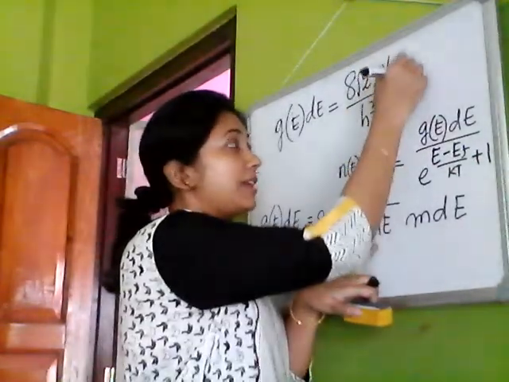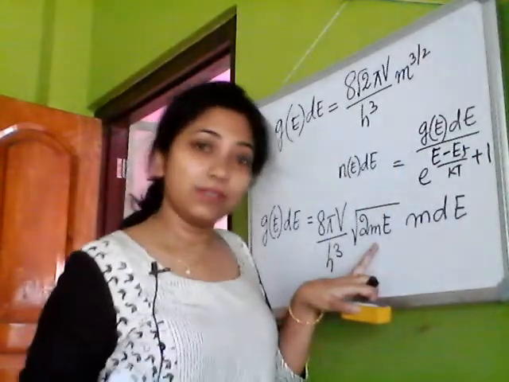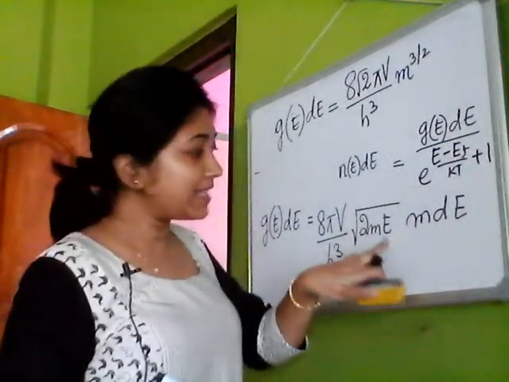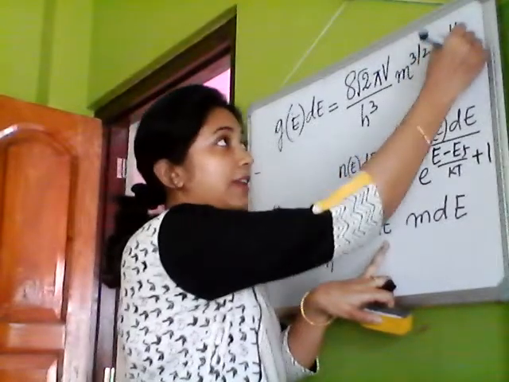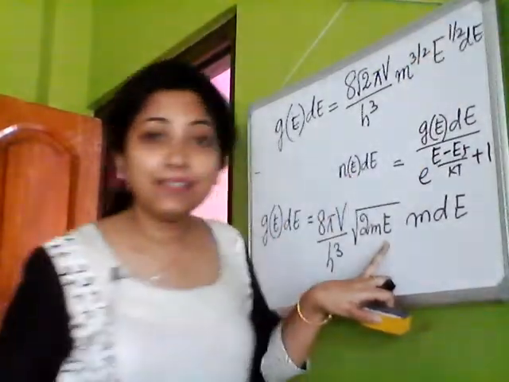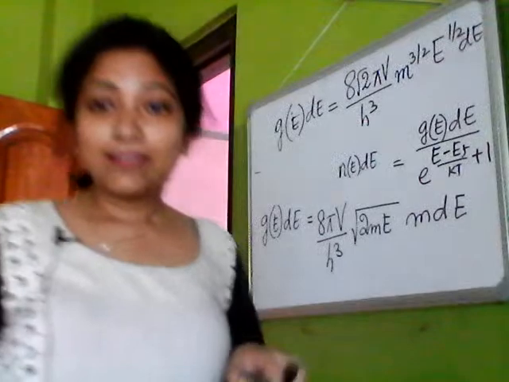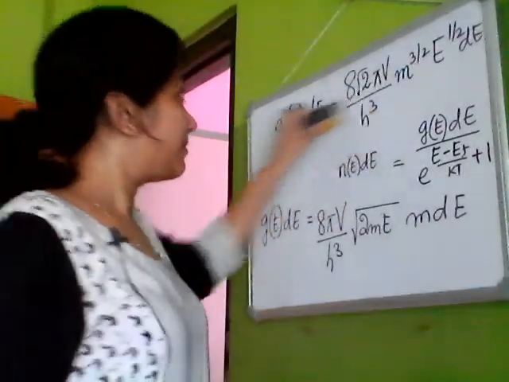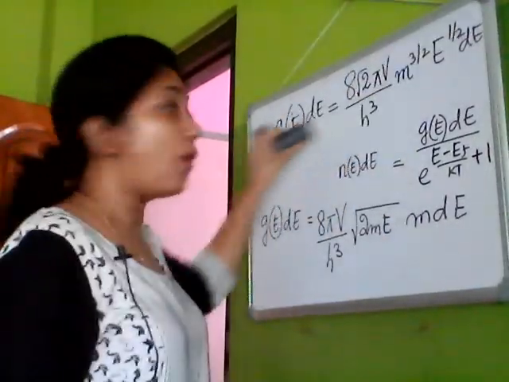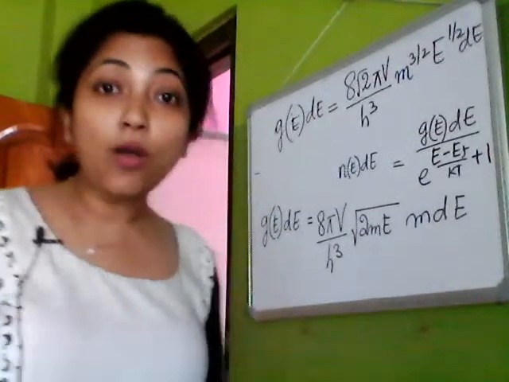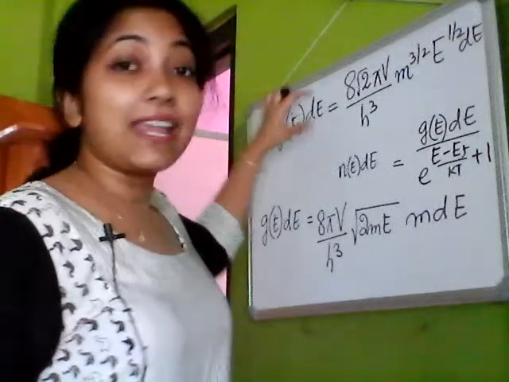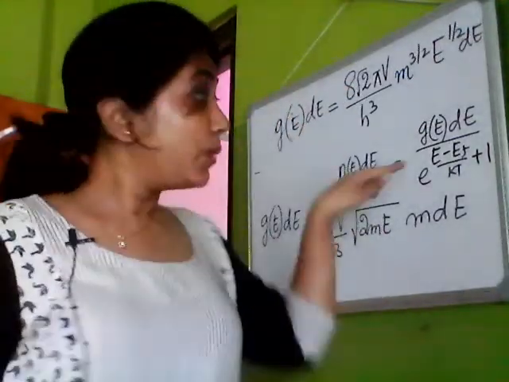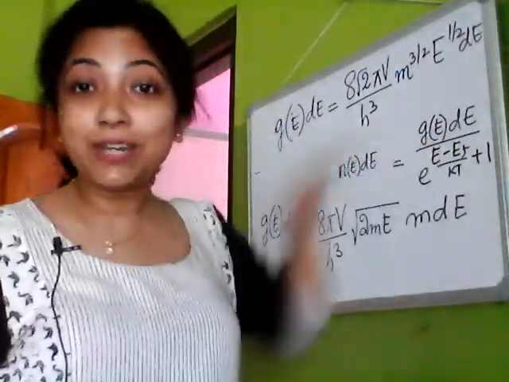So can I not write it as m to the power 3 by 2? And then I have this E under root, which means E is having a power of half, and I am left with dE. This is my final value of the number of states possible in the energy range E and E plus dE, which is our GEDE to be put in this formula.